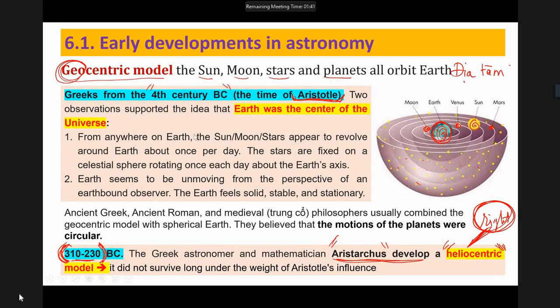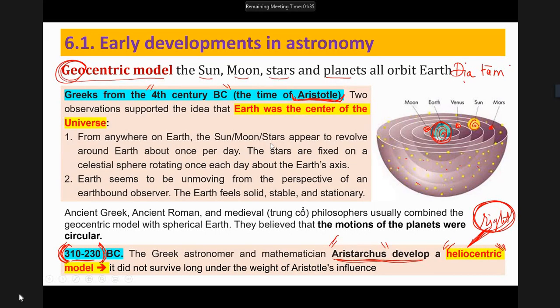In the geocentric model, all stars, moon, sun, and planets orbit the Earth in circular orbits. It is the first model of the universe and solar system, the geocentric model.